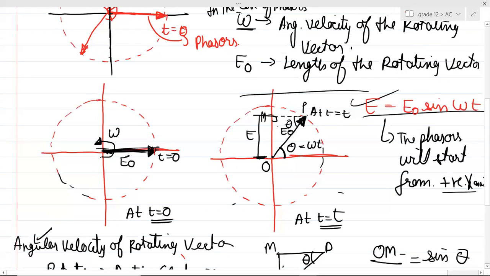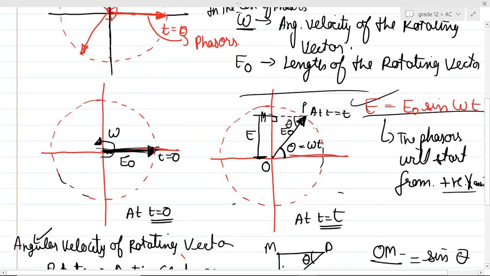Are you getting my point? To understand how exactly this function works, people have devised this method, which is basically called a phasor diagram. Is this first thing clear, guys? E equals E naught sine omega t. If you keep on varying time, this phasor will keep on rotating, yes or no?